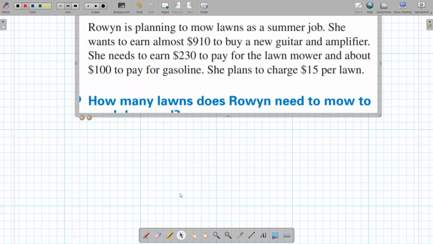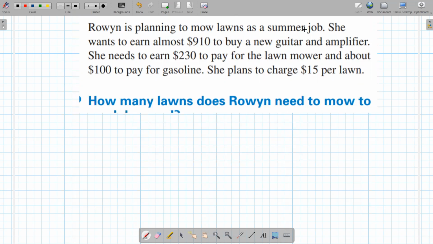So this lady has a lawn mowing job. She wants to earn $910 in total.